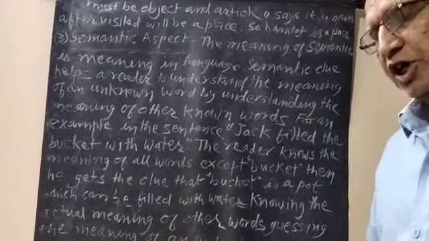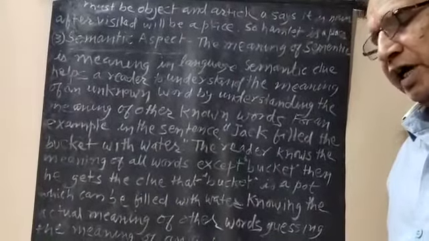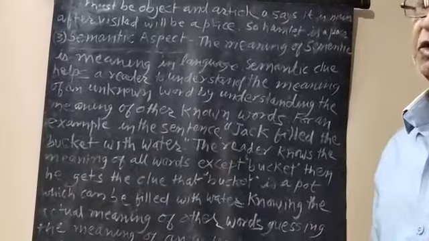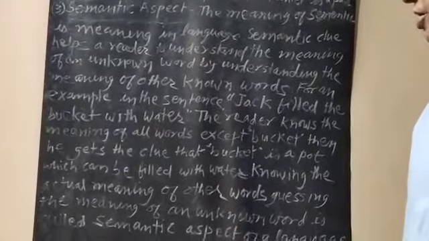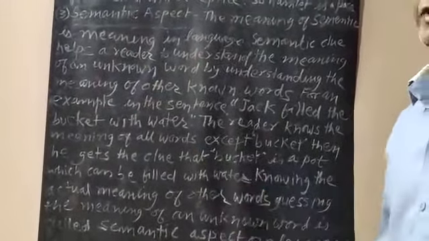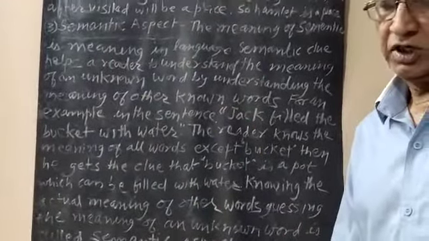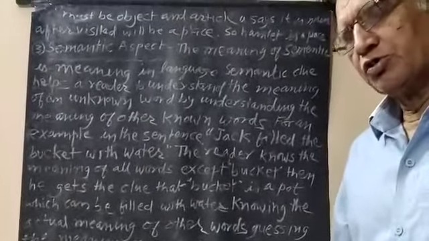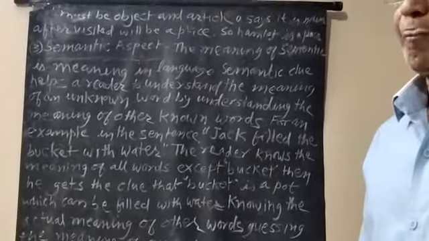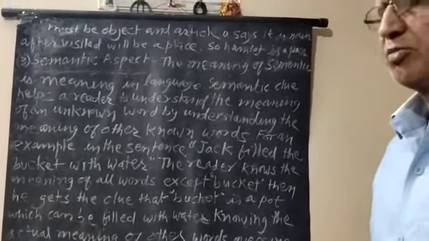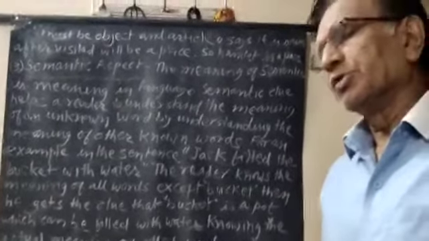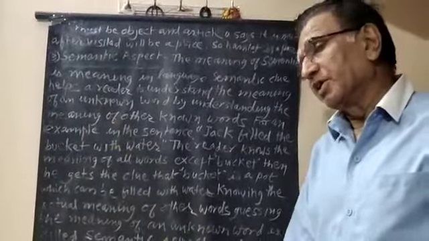By knowing the meaning of other words and to understand the meaning of an unknown word is called the semantic aspect of English. Semantic means known, actual meaning. He knows the actual meaning of other words, but he does not know the meaning of one word.